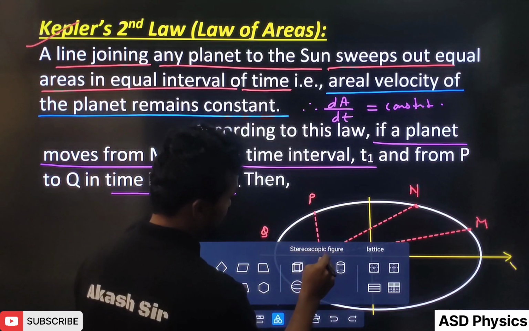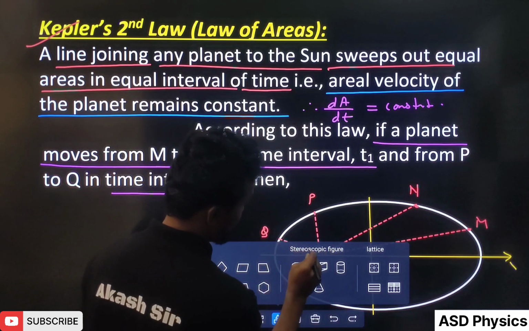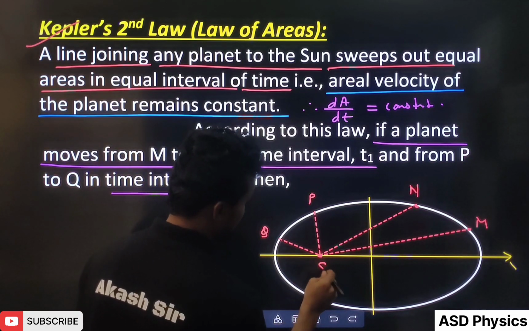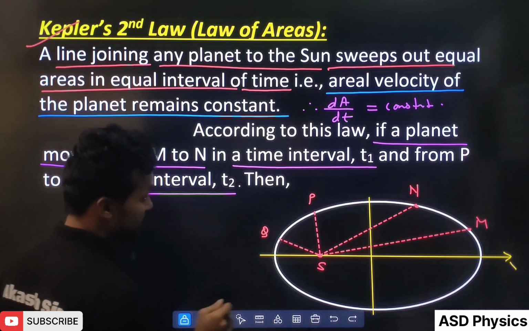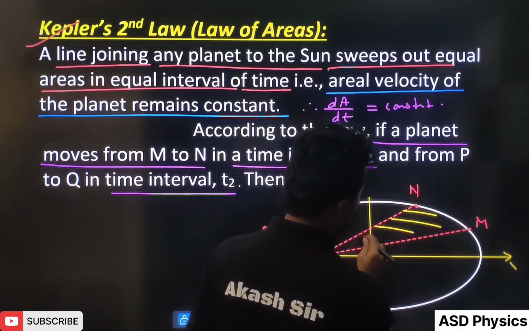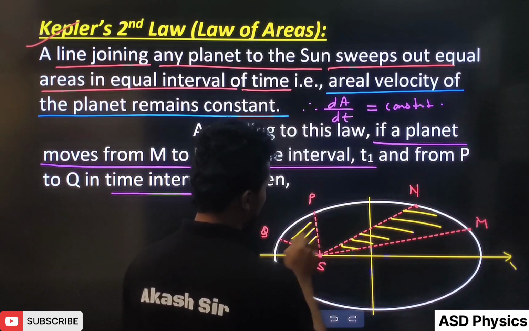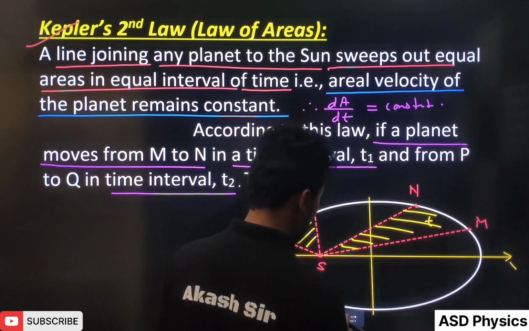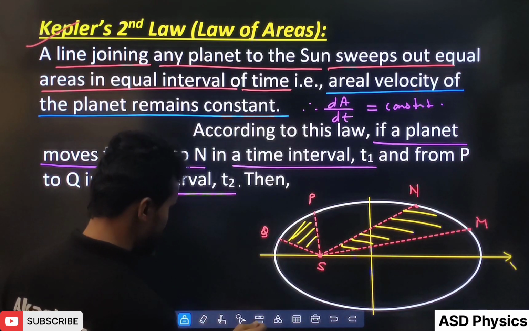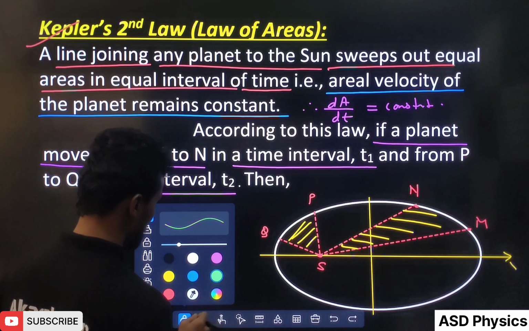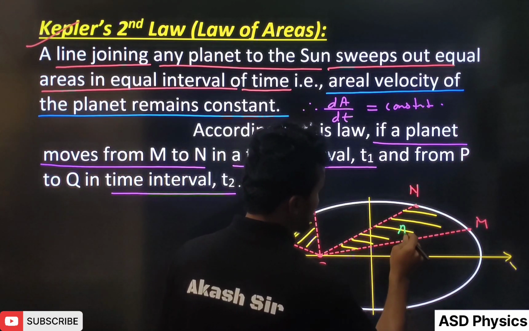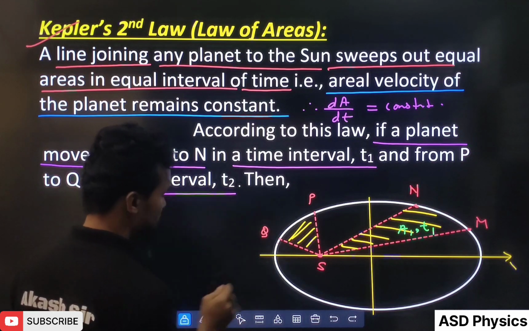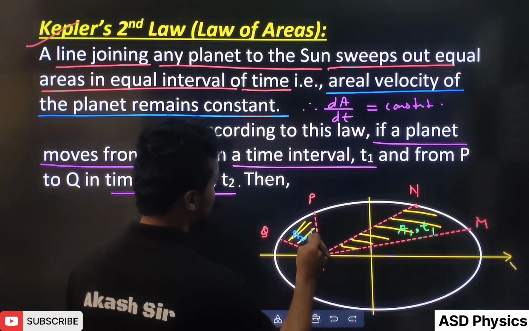Let me write all these things from here. You can see the sun is there. Students, let's take this area and this area. For the first one, let's take area A1 and time taken T1. In the second situation, let's take area A2 and time taken T2.